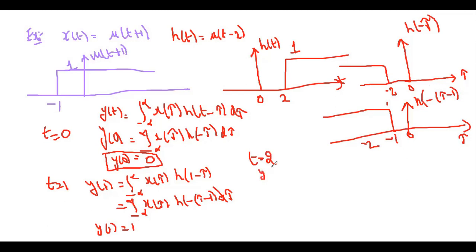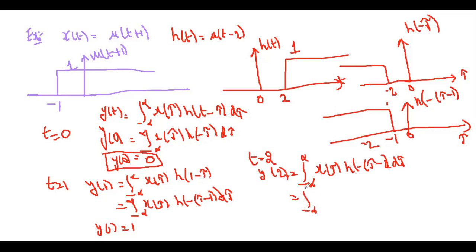Now again, t is equal to 2. y of 2 is equal to the integral from minus infinity to infinity of x of tau h of minus of tau minus 2 d tau.